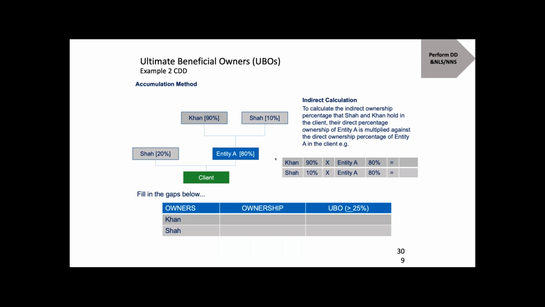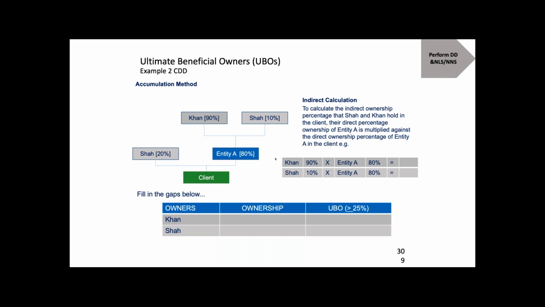Shah and Khan are the UBOs. Since we're not dealing with EDD, just CDD, it will be Khan, because Khan owns above 25%.